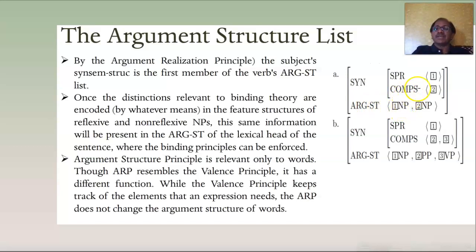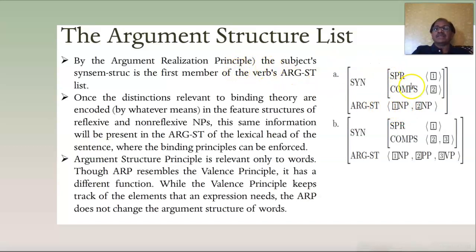That means the synsem structure of the subject is the same as the synsem structure of the specifier. The synsem structure of the specifier is the same as the synsem structure of the first element of the argument structure. That means the synsem structure of the subject is the same as the synsem structure of the first element of argument structure. That's what we are saying here.